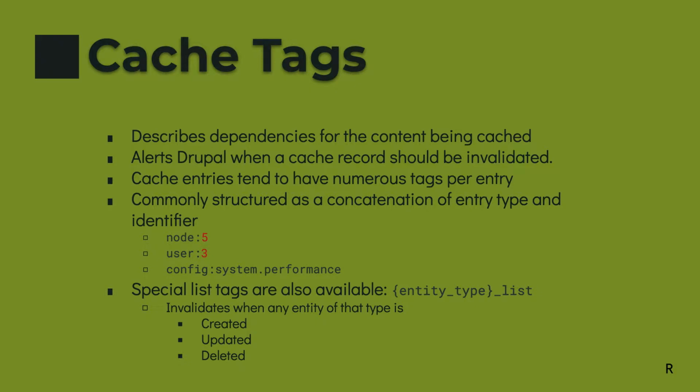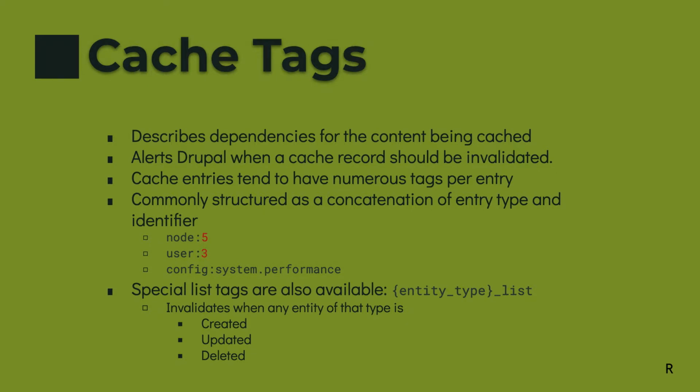So cache tags go beyond just the time-based approach. By default, the time-based approach is set to permanent. Essentially, the max age is disabled, so it's not going to have a time-based expiration for any of our objects.